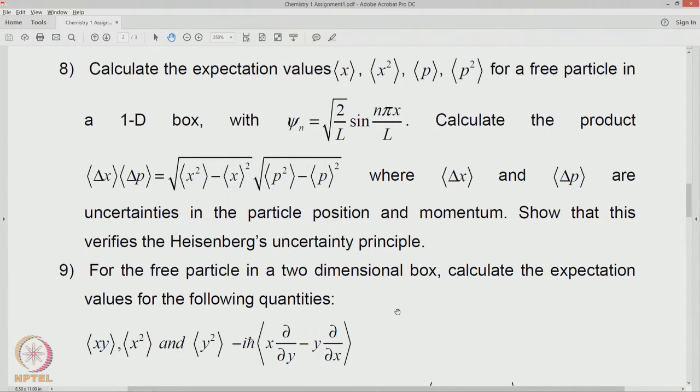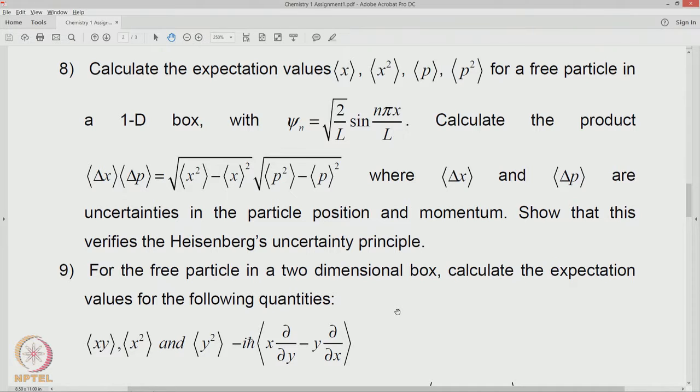Problem 8 asks you to calculate the expectation values, or what are called the average values, of the operators for position x, x square, which is the square of the position operator, p the momentum, and p square the square of the momentum, for a free particle in a 1D box.